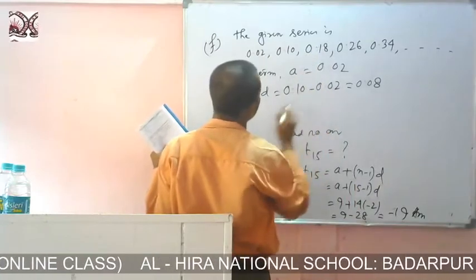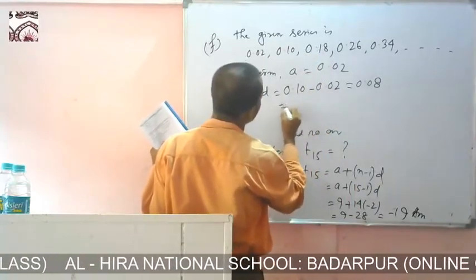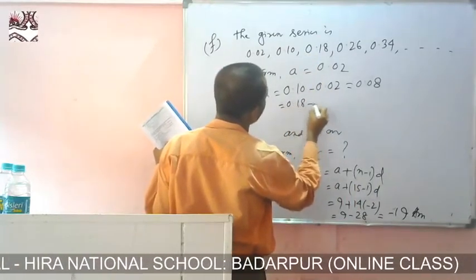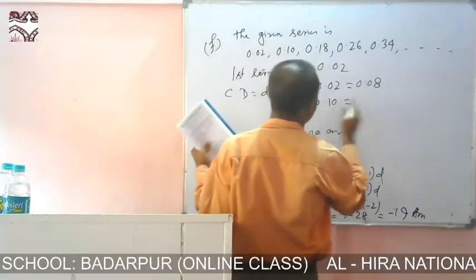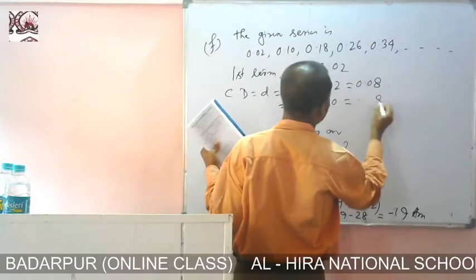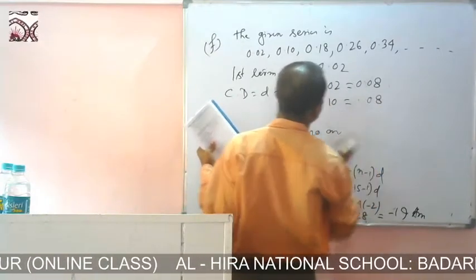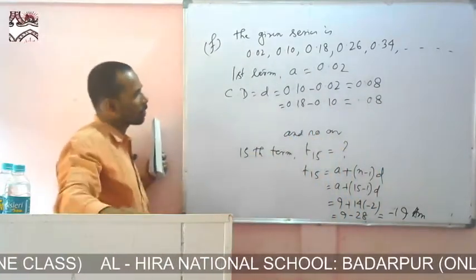If I take the second one, 0.18 minus 0.10, again it is 0.08, so the common difference is the same.